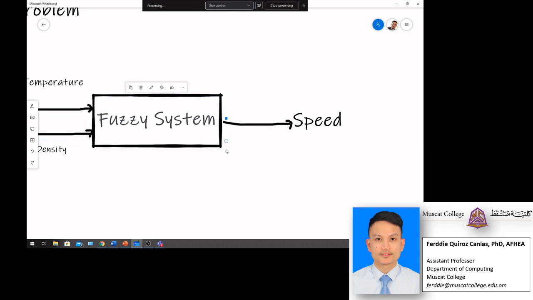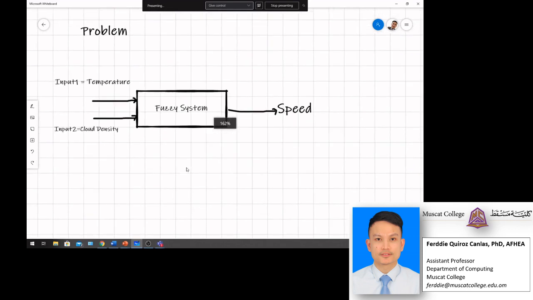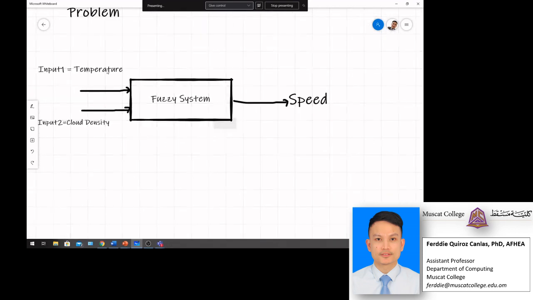With temperature and cloud density as inputs, our fuzzy system is going to calculate what should be the speed of the car. What would be the speed of the car based on these given inputs? So we have to calculate it using a fuzzy system.